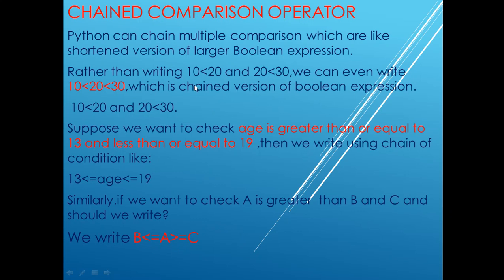Whichever is feasible for you, you can write that way. But you should know how to change the expression, and if a question asks you to find the output when the values of A, B and C are provided, you need to understand what it means. It means A is greater than B as well as C. So you need to practice it.